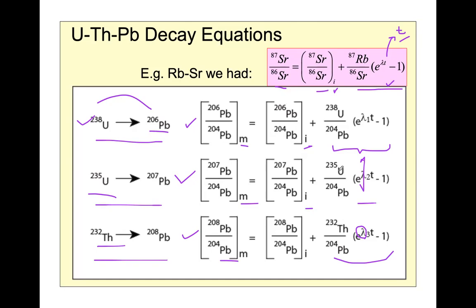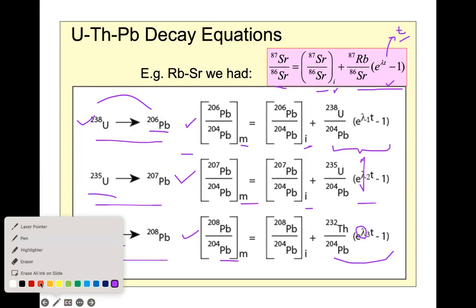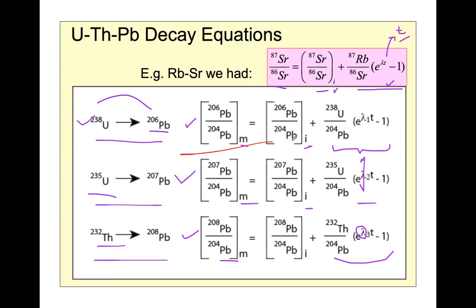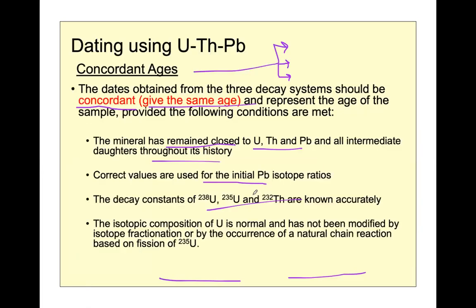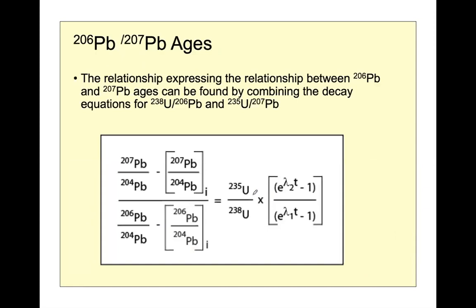So with these two equations, you can do some subtraction or division, any algebraic operation. You can divide these two, or you can just subtract one from the other. Let's see what we can do with that.